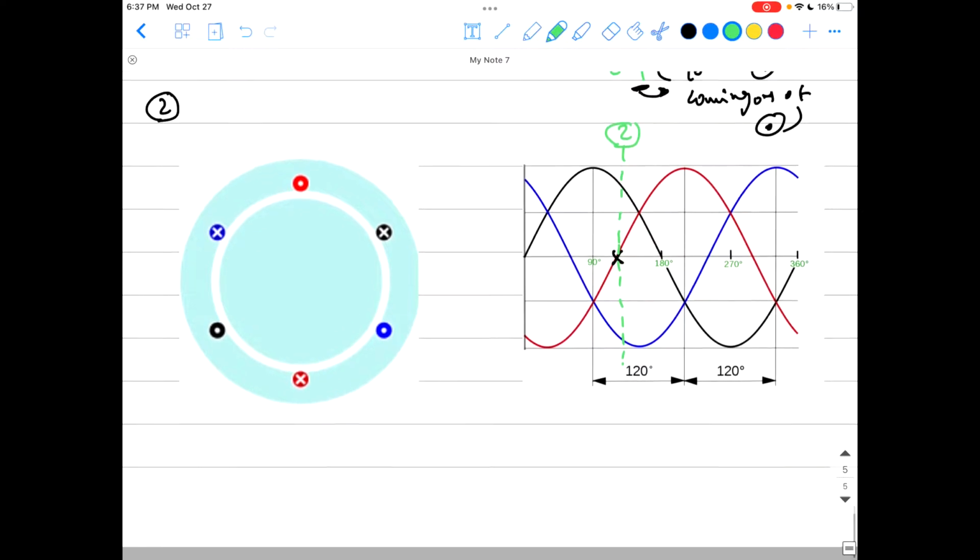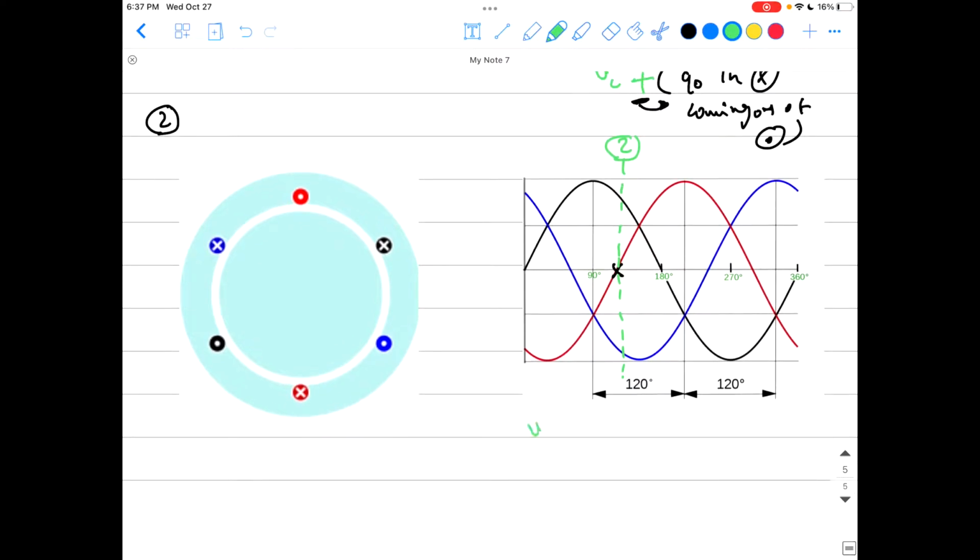From here again, phase A is now 0, it does not have voltage, okay? It's crossing 0, okay? For the blue one, VB will be negative here, and VC will be positive, the black one here. Okay, guys? So we're using the same notation. The red one, A, is now 0, and does not have any flux.